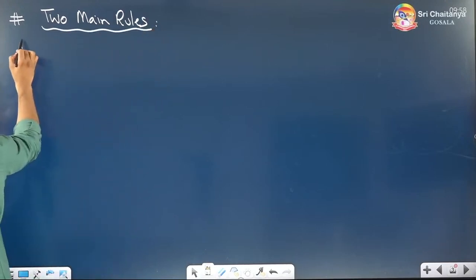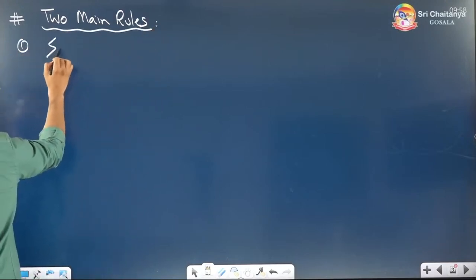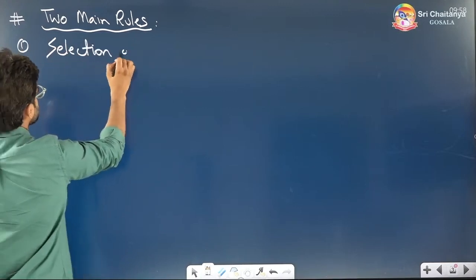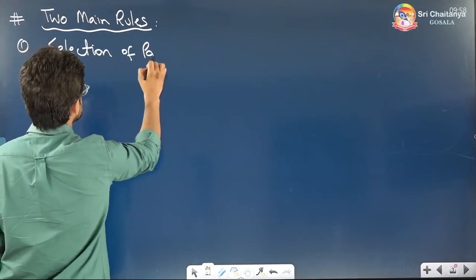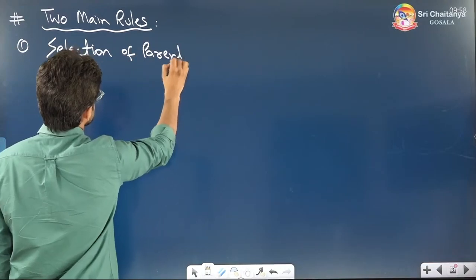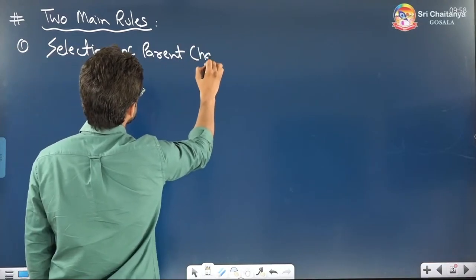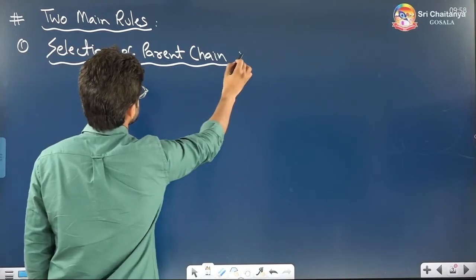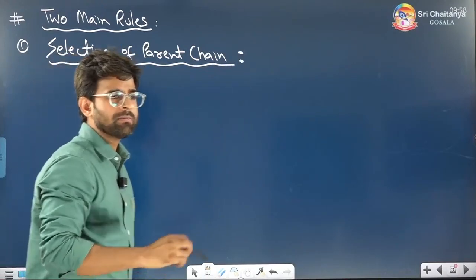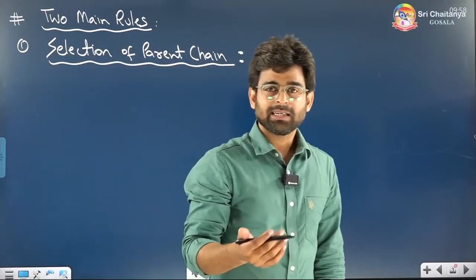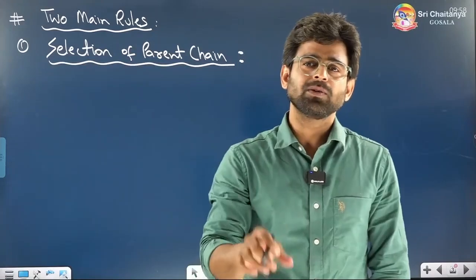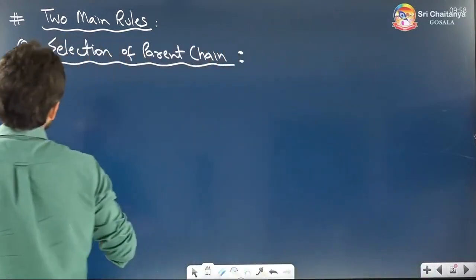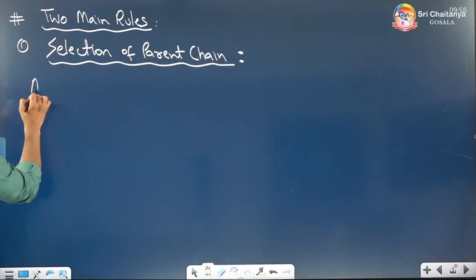First rule is selection of the parent chain. Which chain is our main chain? Which chain will I take as my parent chain? I am giving a sequence here that will tell you what your main chain should include. First of all, the main functional group.